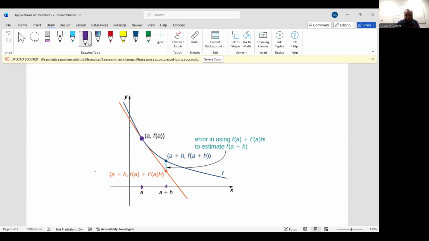But we can now see that depending on what our h is, if it is big, then there is going to be some error. There is always error, but we can minimize our error if our h is very small. So you see, suppose my h is somewhere here, then I will be considering a point like this, which is very, very close to this point. And in fact, you don't really see the error.